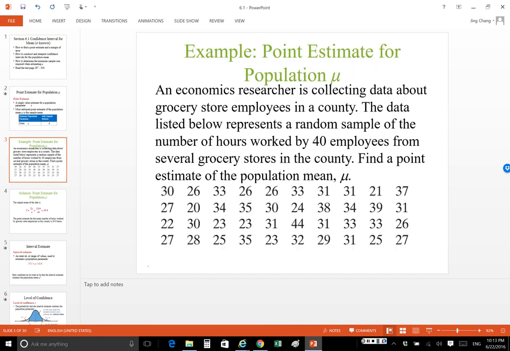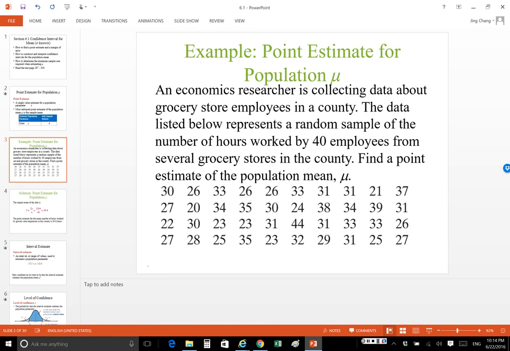Or like this example, we have this many employees and their number of hours worked, and we want to estimate the population mean, where the population is grocery store employees in a county. So that's our population, and our sample is these 40 selected employees and their work hours.